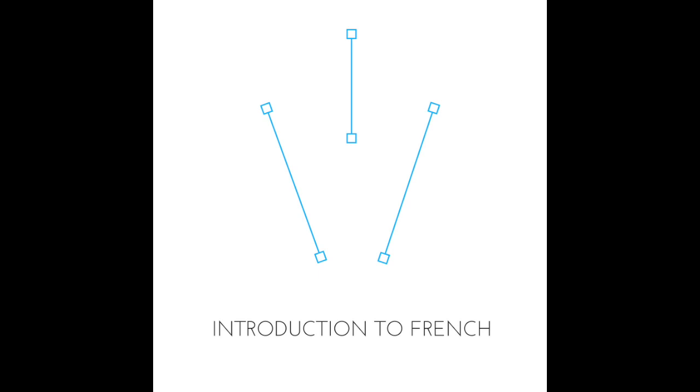Mon ami peut t'attendre. How would the friend be? The friend. L'ami. L'ami. We have le, but this contracts with ami, L apostrophe ami. L'ami. How would you say the friends? We saw we have a plural the in French. Les amis. Les amis.